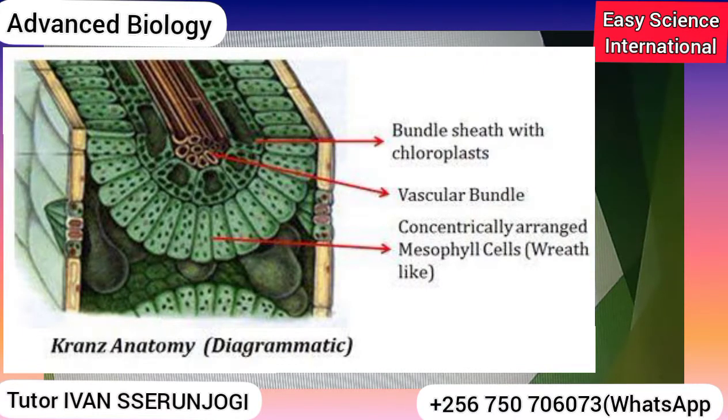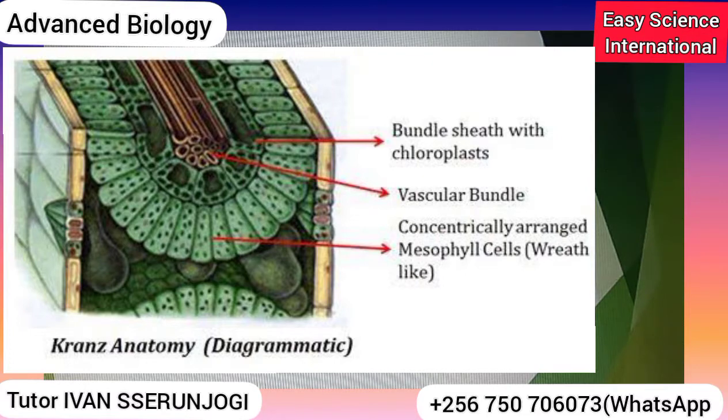C4 plants have a leaf anatomy known as the Kranz anatomy, in which two groups of cells surround each vascular bundle. As you see, the vascular bundles, we have the xylem and the phloem.